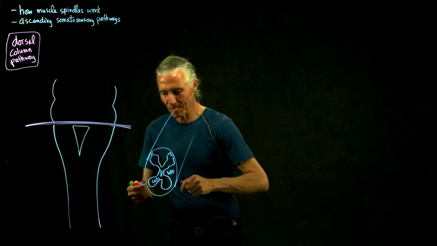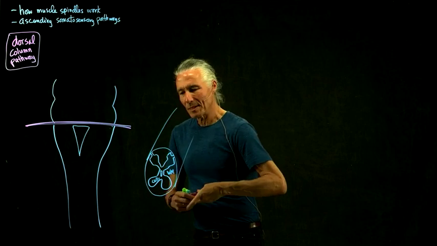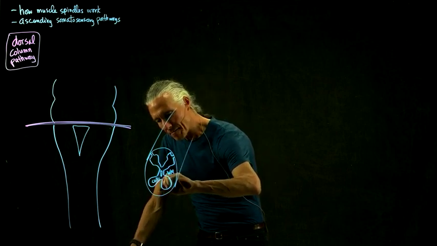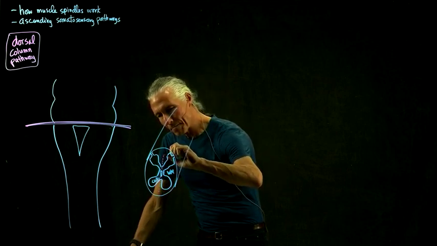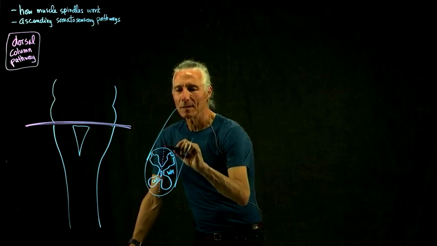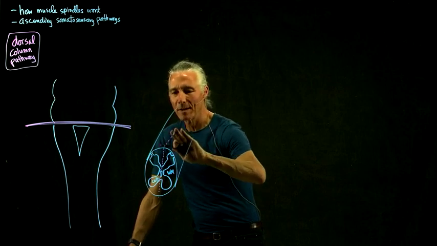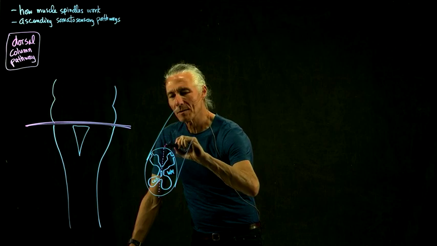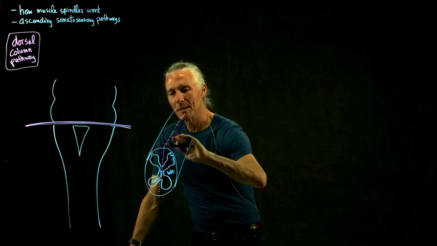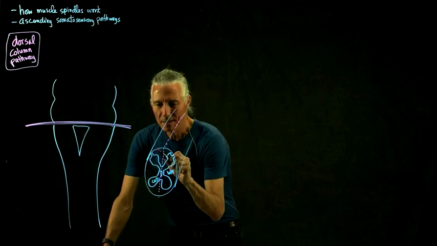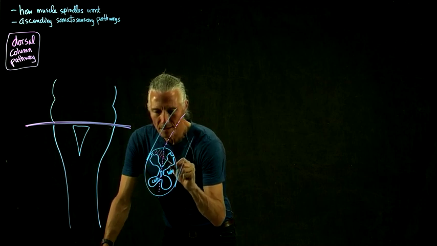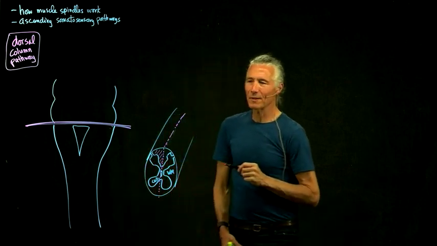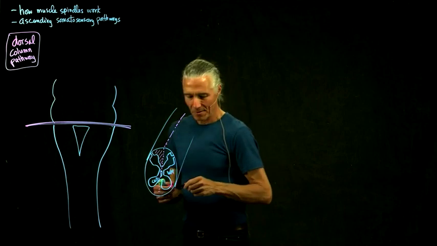So the dorsal columns are pretty much, so here's the midline, heading up. So the dorsal columns are basically these things here. So there's two of them, a left and a right one.